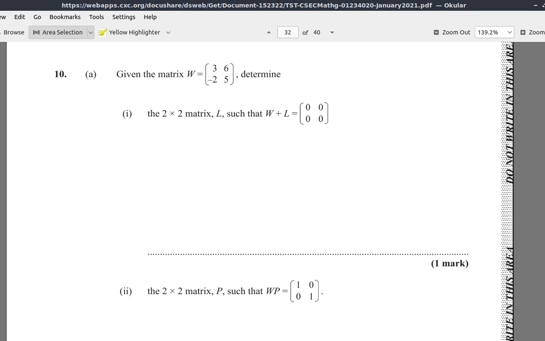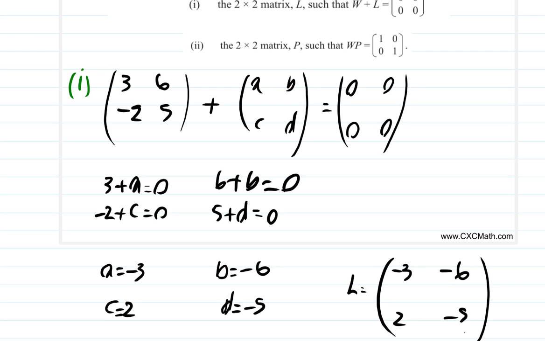Alright. After that, it says you must find the 2 by 2 matrix P such that W times P is 1, 0, 0, 1. Alright, you can see that 1, 0, 0, 1 is the identity matrix.